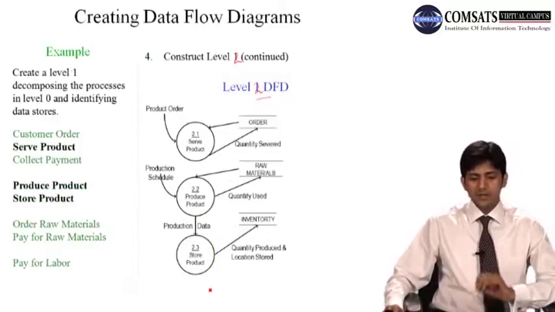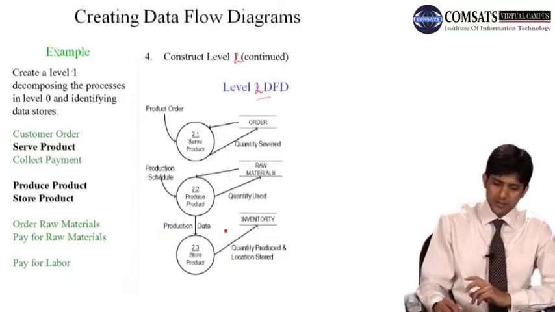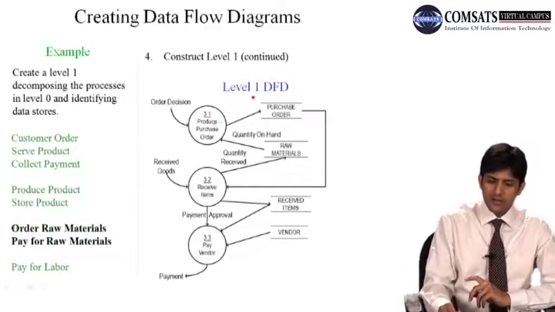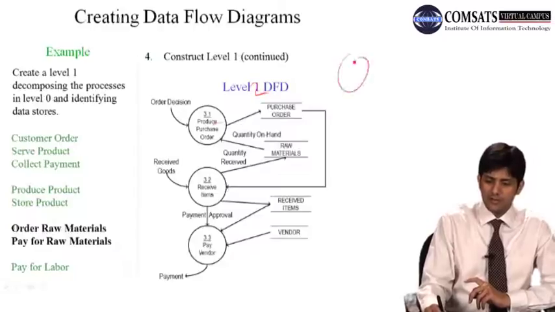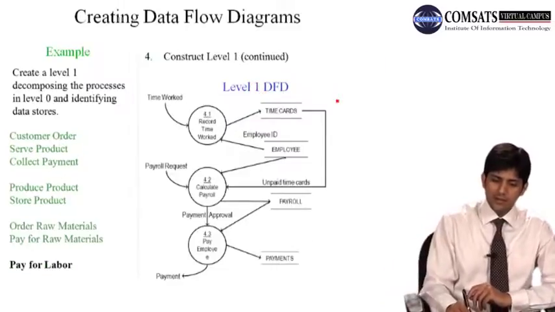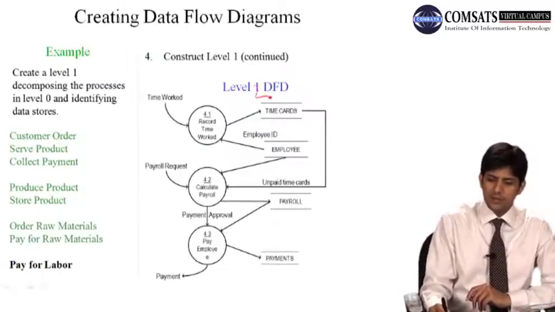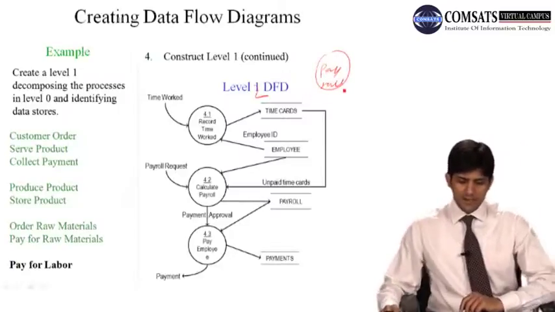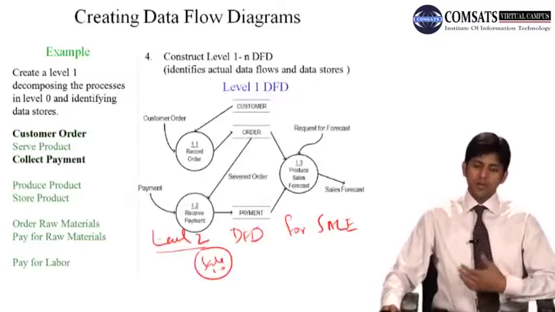The next one gives you level 2 DFD for production, and the next one gives you level 2 DFD for procurement, जो हमारा 3 था। इसी तरह this gives you level 2 DFD for payroll. Okay जी, so let's look at them one by one.